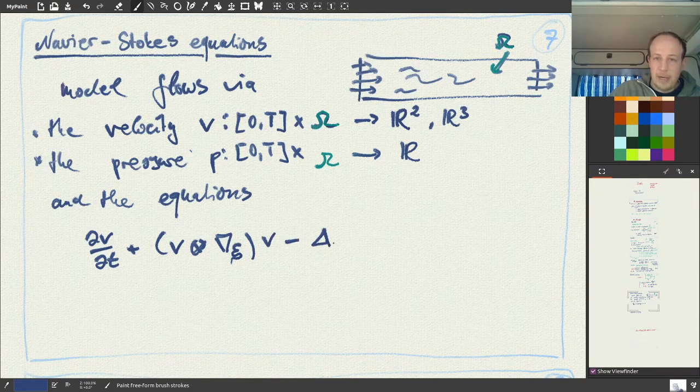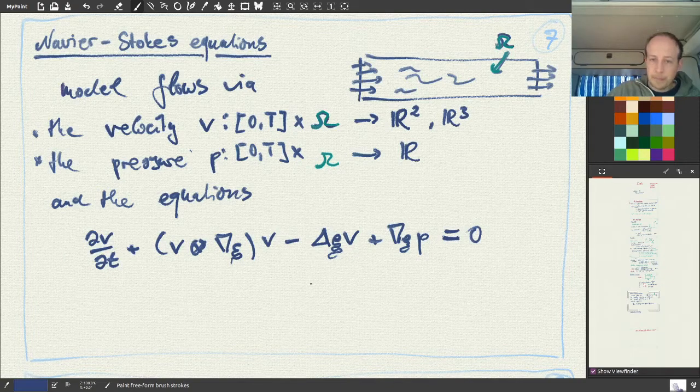And there's the Laplace operator, which is also a spatial differential operator. And there's the pressure gradient, so this is the Nabla applied to the p, equal to 0, or maybe a force. And the other equation has that Nabla and the inner product. So here's the divergence. This should be 0.